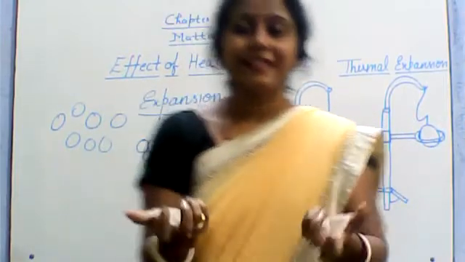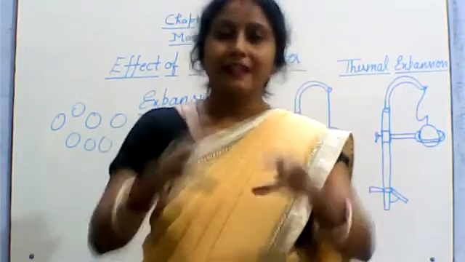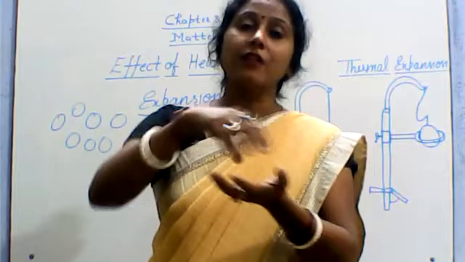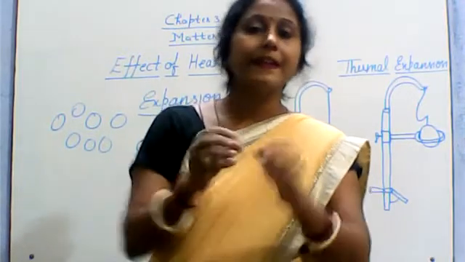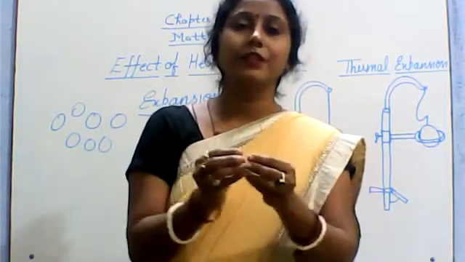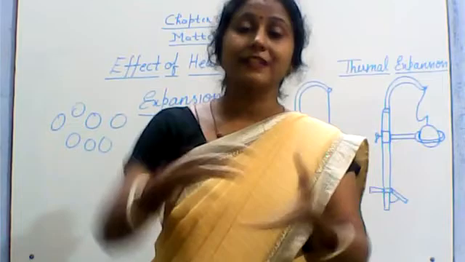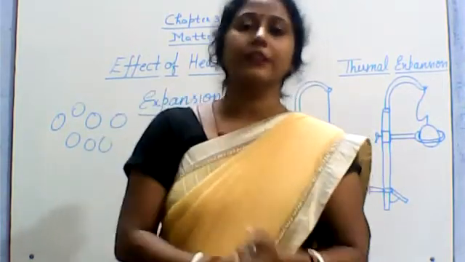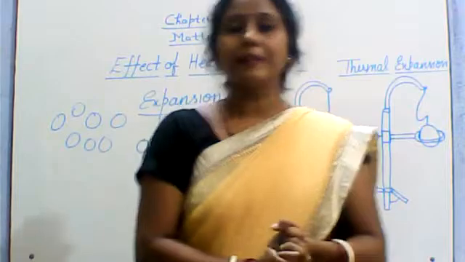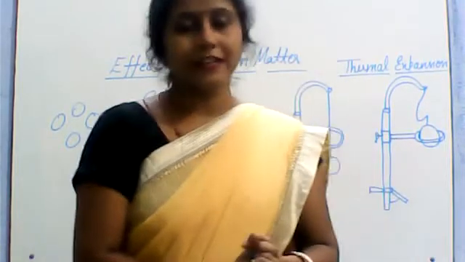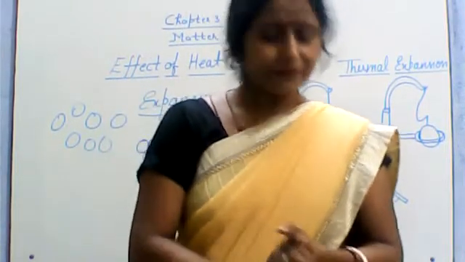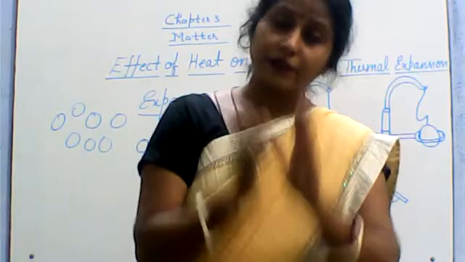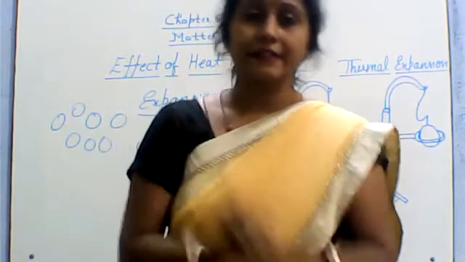Because of expansion. The metal of your tiffin box expands. That's why you can open your tiffin after putting hot water on it. So due to heat, thermal expansion is there in solid, liquid and gases.